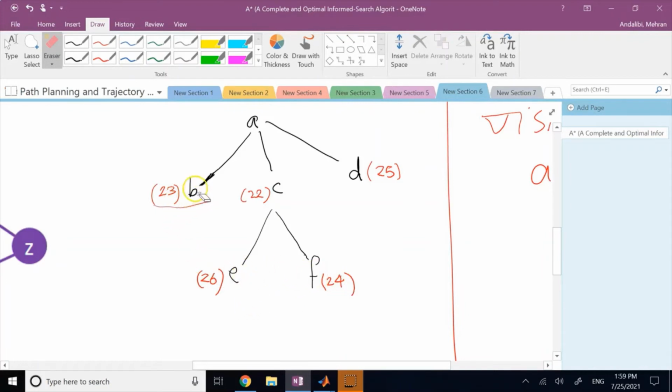Fine, but maybe that's the difference between what? Dijkstra and A star. Maybe this A to B cost quite a bit, but now when I try to go from B to Z, it doesn't cost as much as when I go from E and F to Z. So although I might travel more edges from B to Z than from E and F, maybe those edges cost less than these guys.